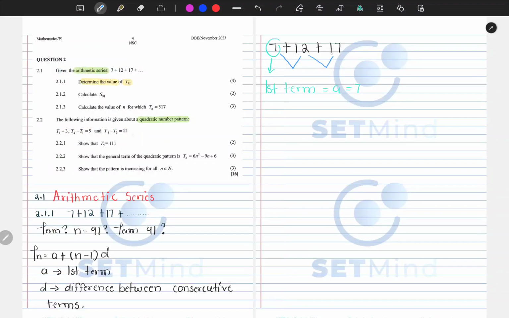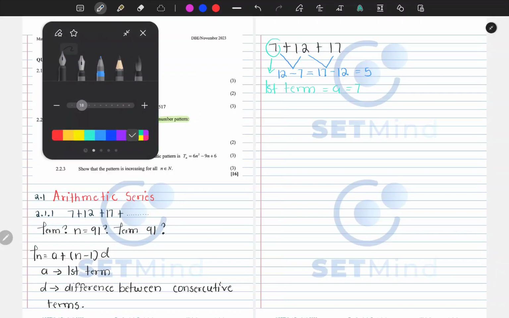So when I do 17 minus 12, we should get the same as when we do 12 minus 7. That will give us an answer of 5.